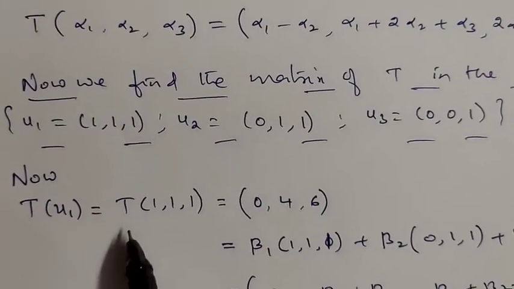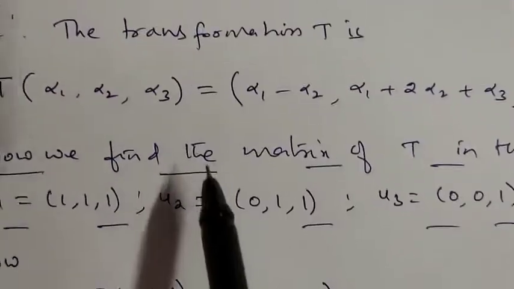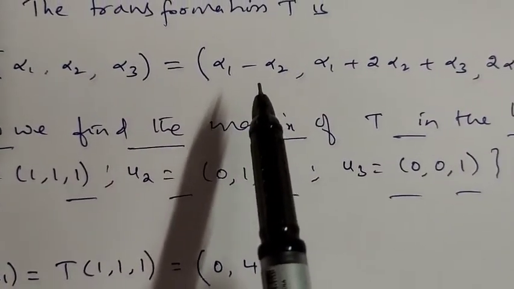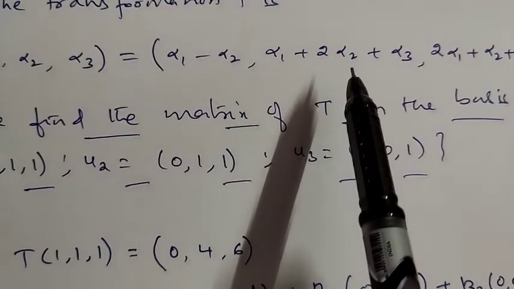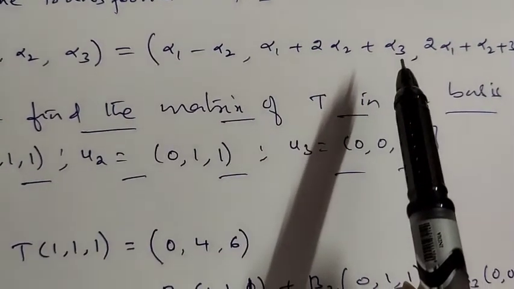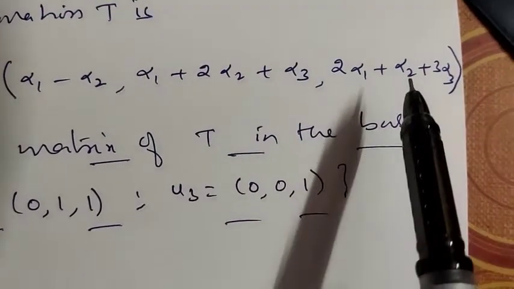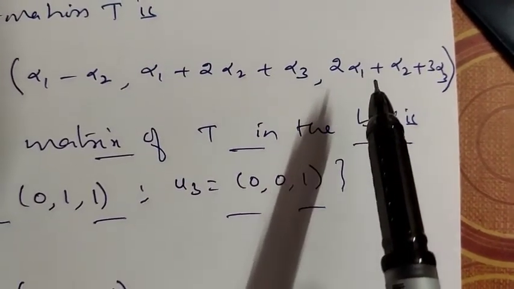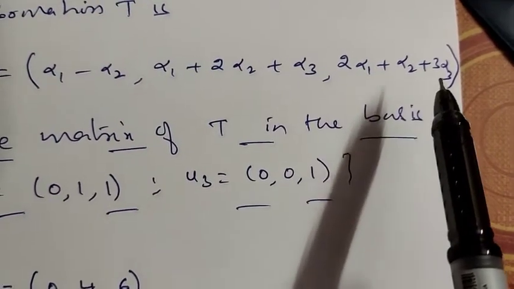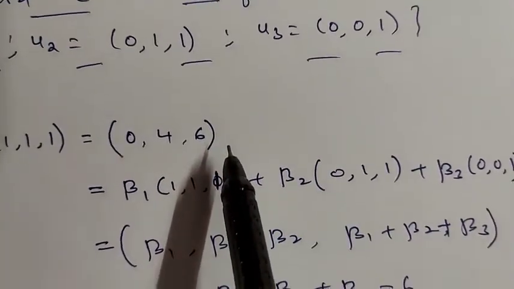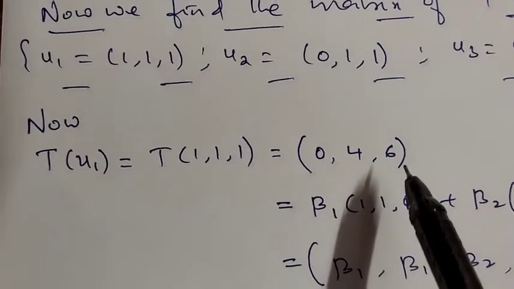Now T of u1, that is T of 1 1 1, according to this: 1 minus 1 is 0; 1 plus 2, 2 times 1 plus 1 means 2 plus 2, 4; next 2 plus 1, 3 plus 3, it is 6. So T of u1 is equal to 0 4 6.